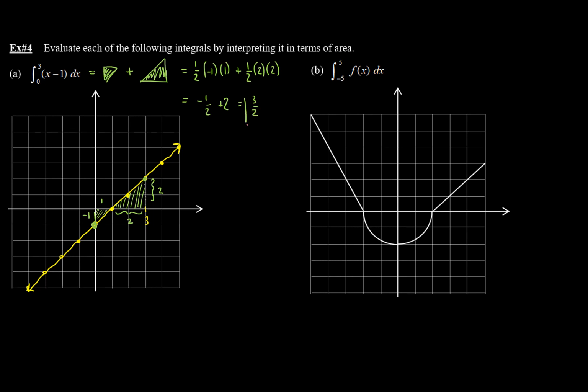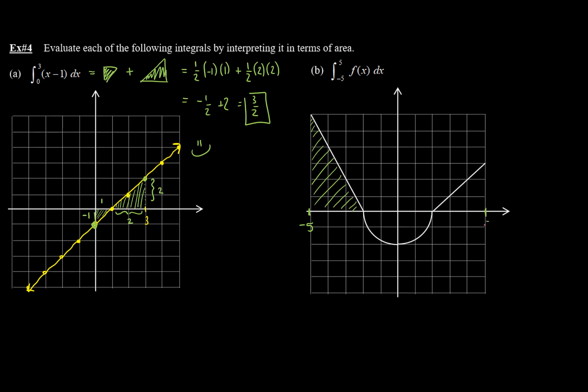Now for the next one, I'm going from -5 to 5. So here's -1, 2, 3, 4, 5. Here's -5. And so I'm finding this area under the curve, and then I'm going all the way to positive 1, 2, 3, 4, 5.